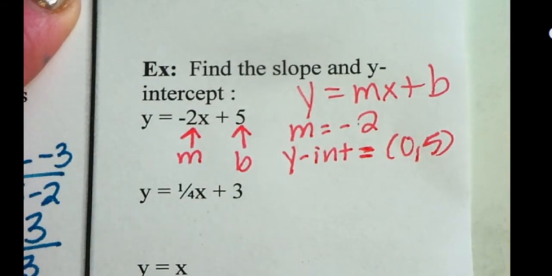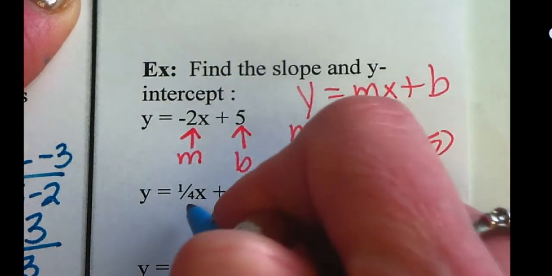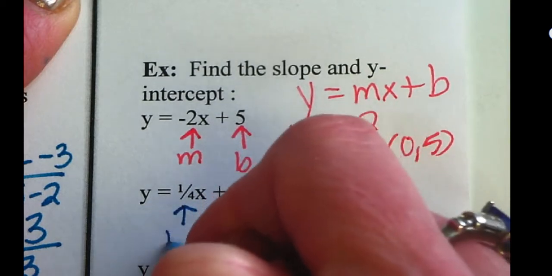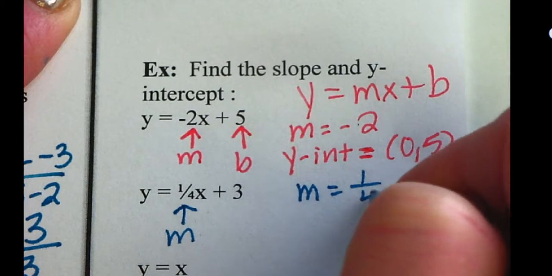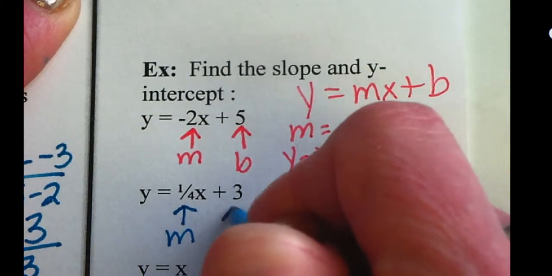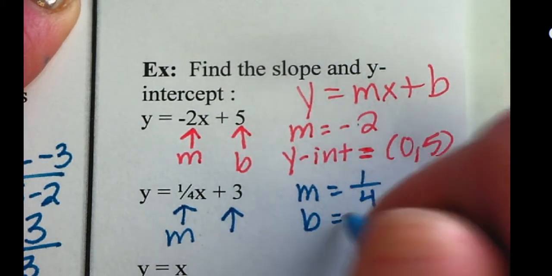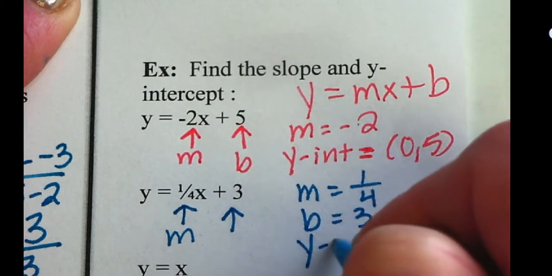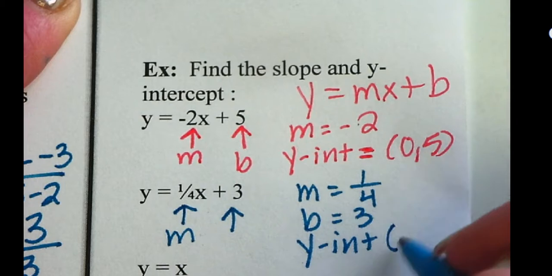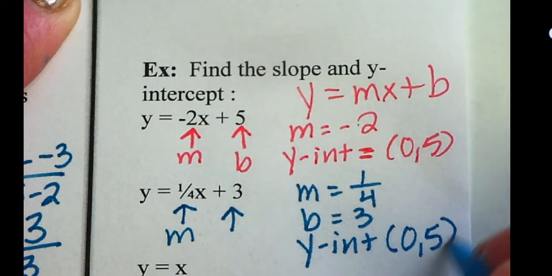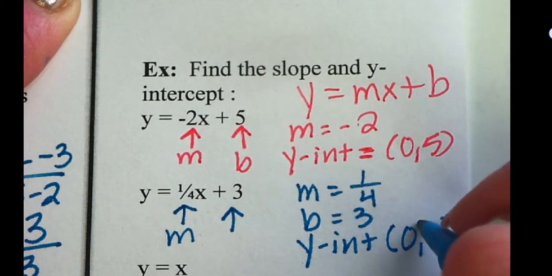The next one, same thing. I know that 1/4 is m, so my slope is 1/4. I know that 3 is b, b equals 3, so my y-intercept, because you want to list it with both the x and y coordinate, is (0, 5). Oh, I'm sorry, (0, 3).